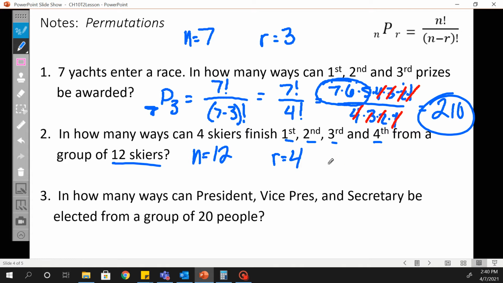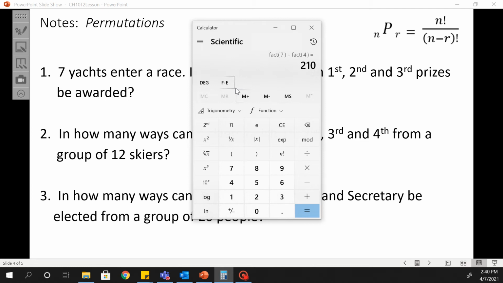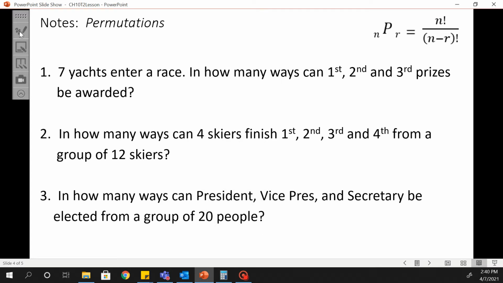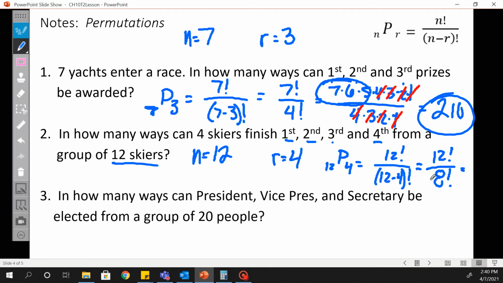So that would mean I have 12 permute 4, which is 12 factorial over 12 minus 4 factorial, or 12 factorial over 8 factorial. Let's see what that is. 12 factorial divided by 8 factorial is 11,880. A lot of different ways.